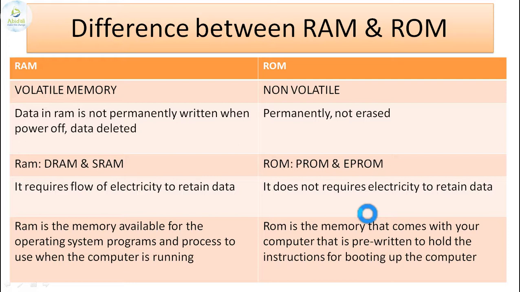The RAM holds the memory that is available for the operating system, programs, applications and processes which use the computer to run different types of programs. All these programs are stored in the RAM, whereas the ROM is the type of memory that comes with the computer, pre-written to hold the instructions for booting, that is starting up the computer. That's the difference between the RAM and the ROM.